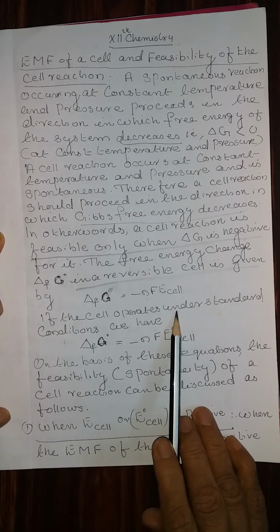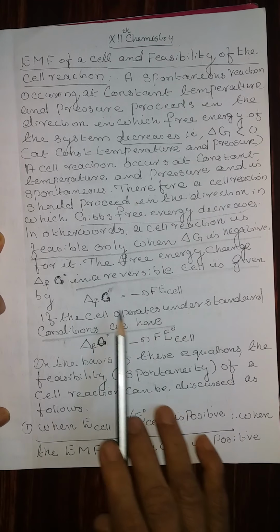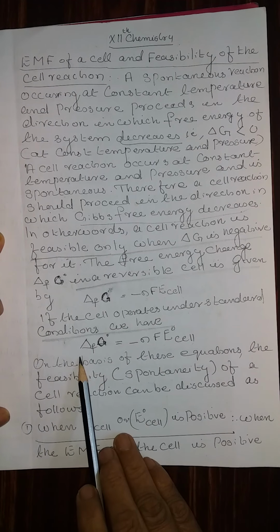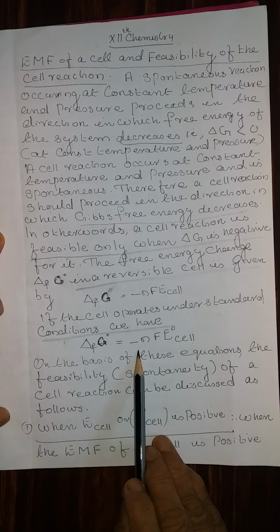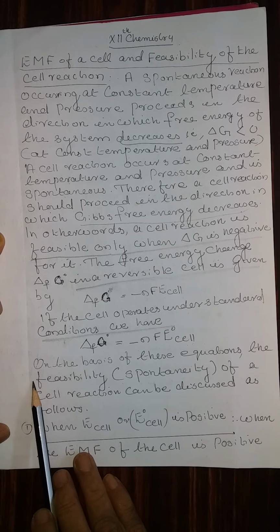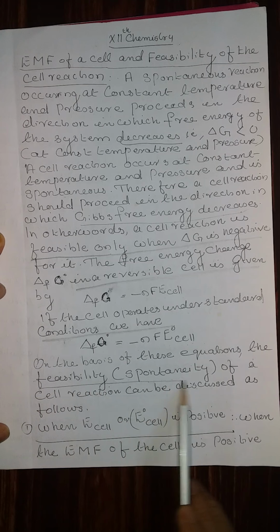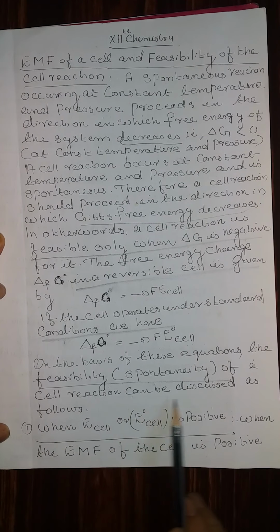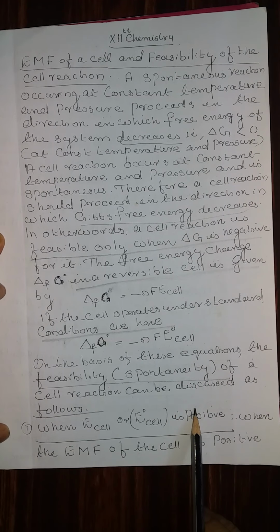If the cell operates under standard condition, this equation can be modified as delta G0 is equal to minus nFE0 of the cell. On the basis of this equation, the feasibility or spontaneity of the cell reaction can be discussed as follows. There are three conditions.